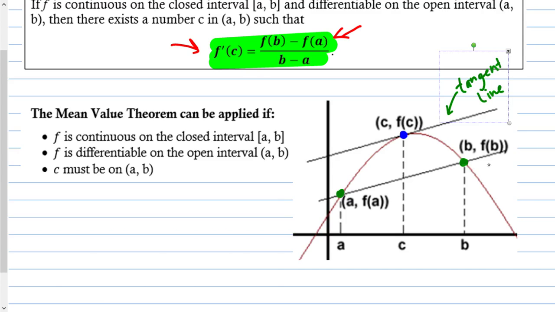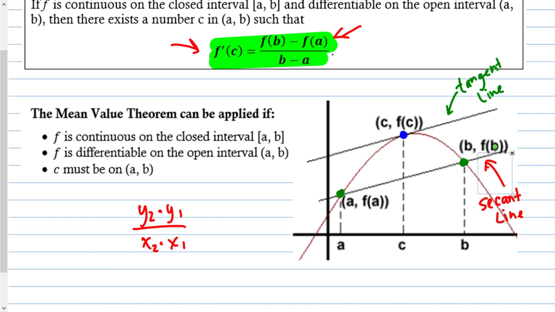Now, this other line, the one formed from A to B, is referred to as the secant line. So secant line is when you find slope by using the good old-fashioned y2 minus y1 over x2 minus x1. Tangent line is when you find slope by doing the newer derivative, deriving.